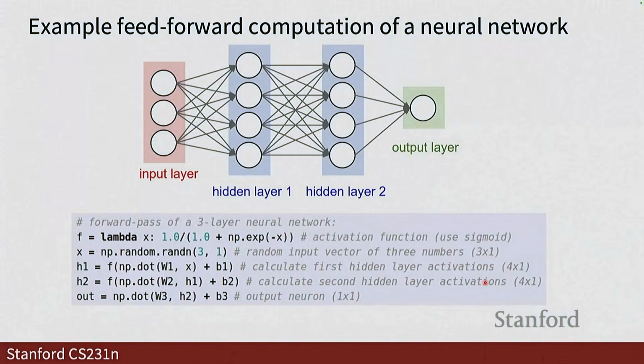Then the same for H2, and the output is simply the dot product between W3 and the last layer of hidden values, creating the output layer. I'll stop here to answer some questions if there are any, and then we'd love to continue.